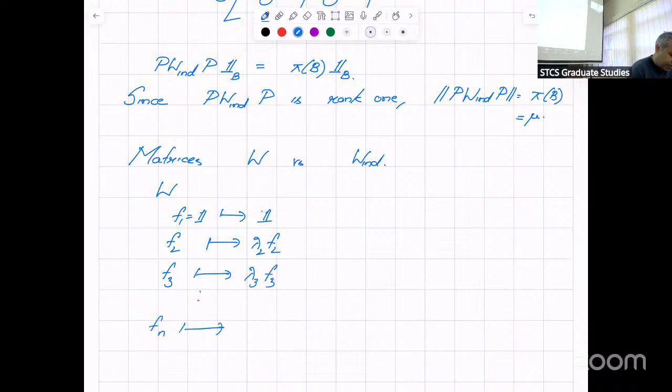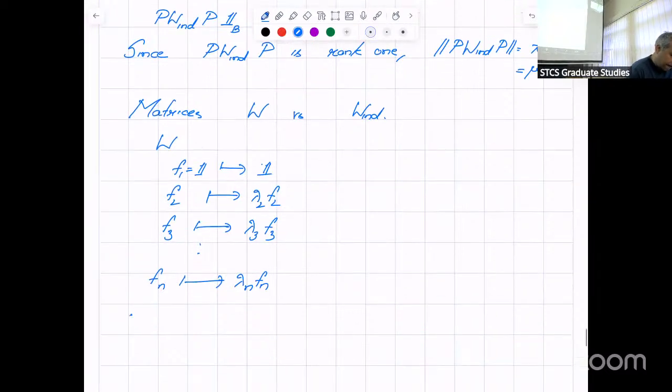Fn to lambda n times Fn, where the Fi and lambda i are the eigenvector-value pairs.